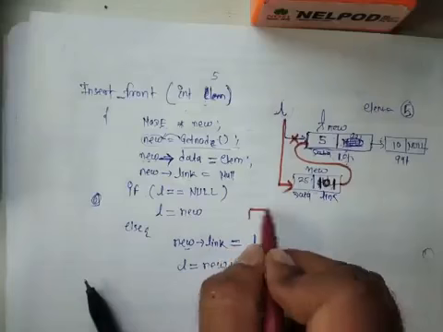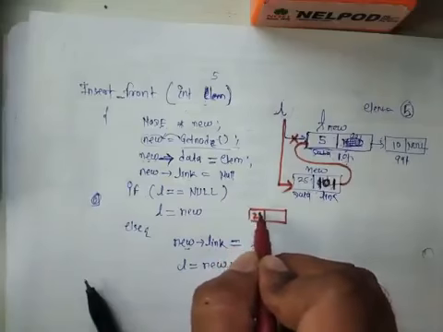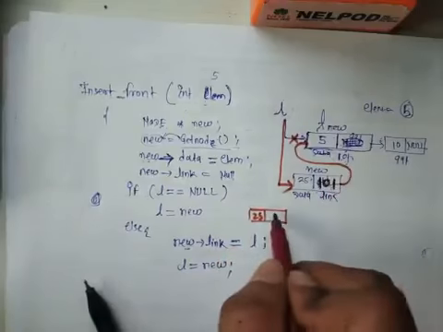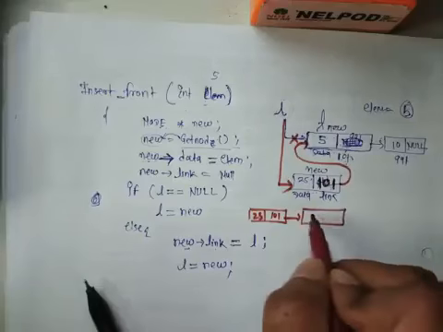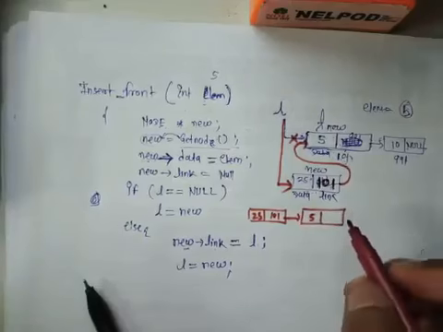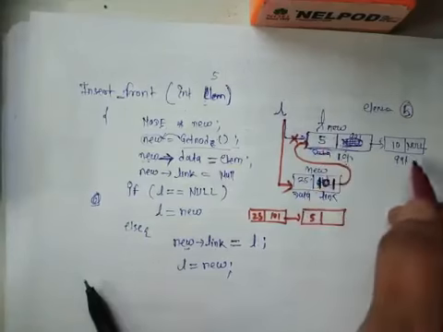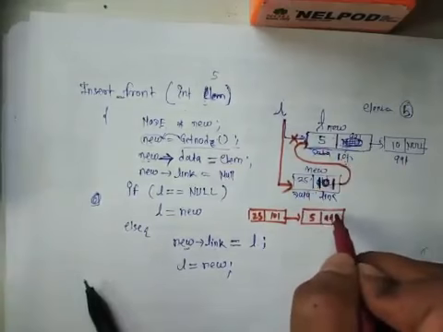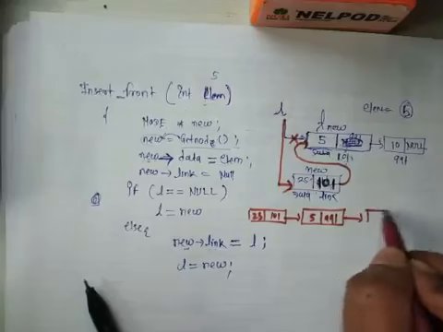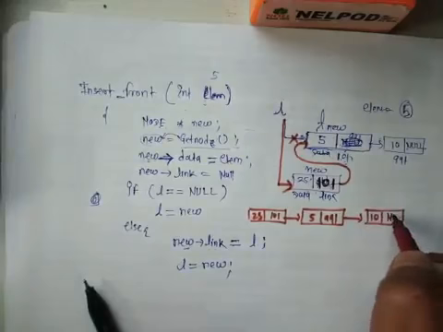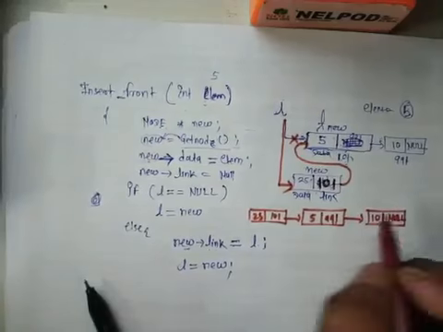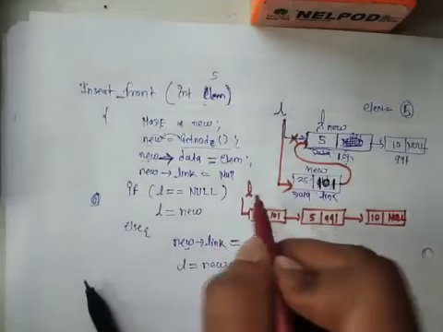So the updated linked list is like 25, which holds the address of 101, meaning 5. And this 5 is holding the 991 address of the next node, that is 10. This last one holds a null value, meaning there is no new node.